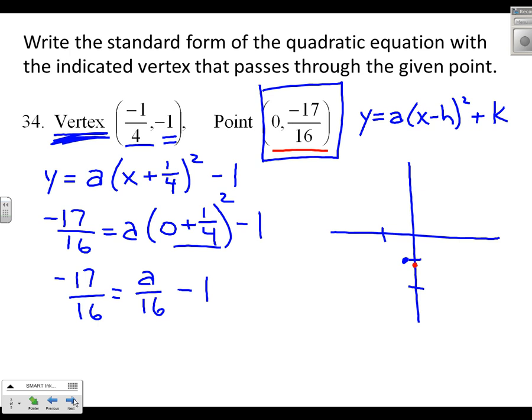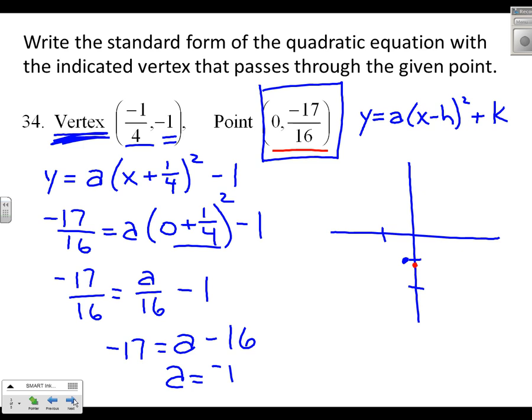You could go ahead and add 1 to both sides, get common denominators, smash together, multiply both sides by 16. I might be tempted to multiply both sides by 16 now. And then I get -17 equals a minus 16. Multiply both sides by 16, so we see that a equals add 16, -1.